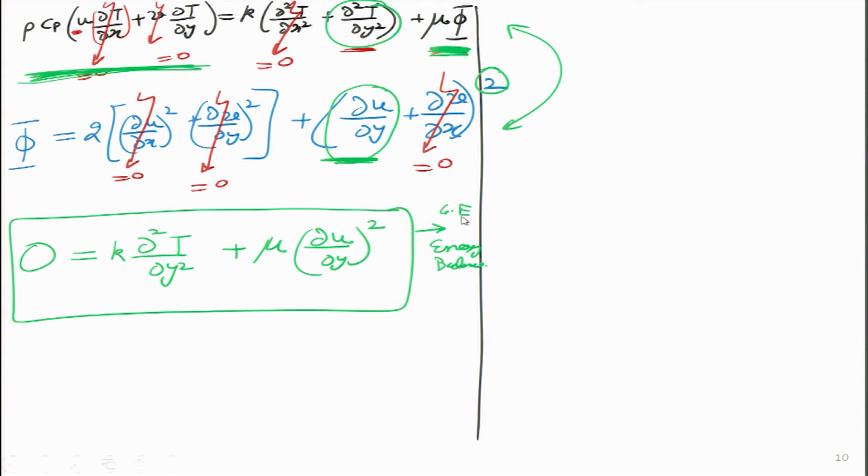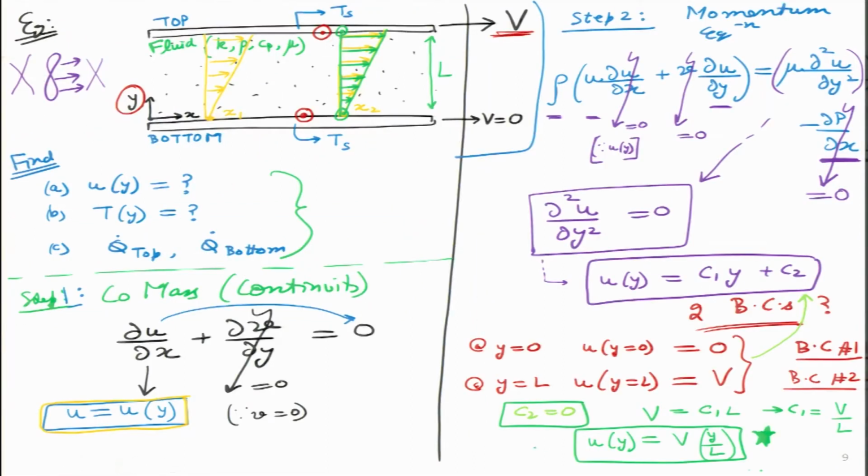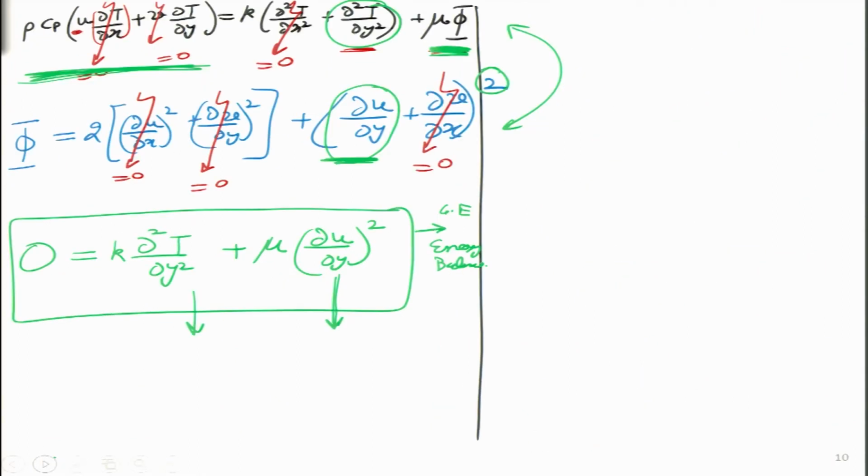How do I solve it? I'll have to use some relationships and then treat it like an ordinary differential equation and solve it. So the first relationship I want to put is this one, because u as a function of y I have already solved. If you go back over here, we have solved u as a function of y. So if somebody asks me what is ∂u/∂y, I can directly say that ∂u/∂y, because of my previous equation, is simply V by L. So let me plug that in over here.